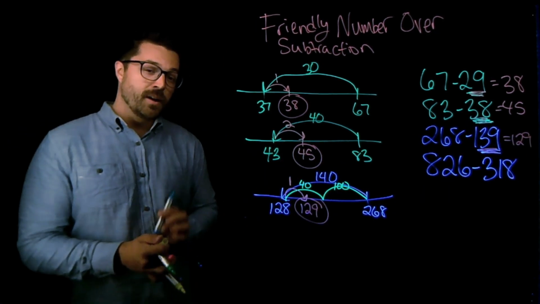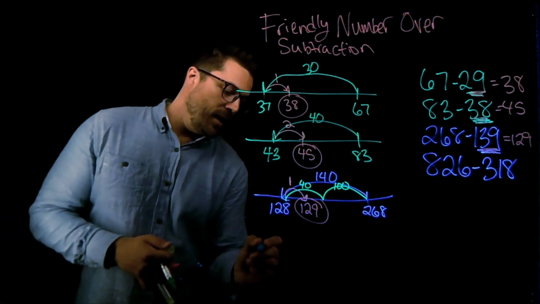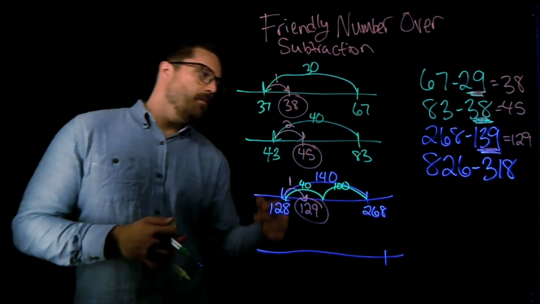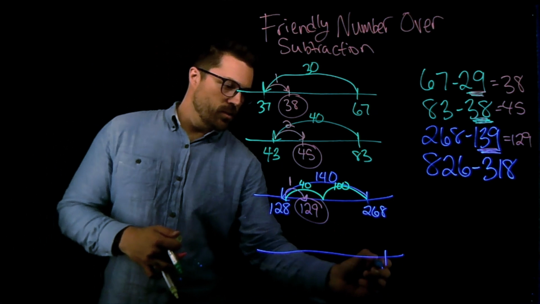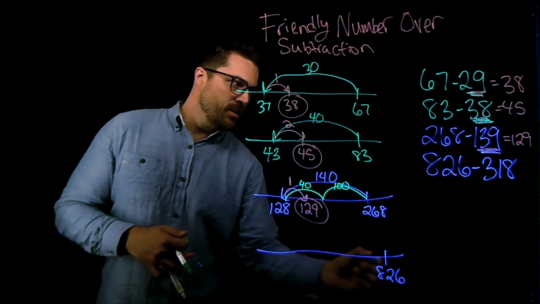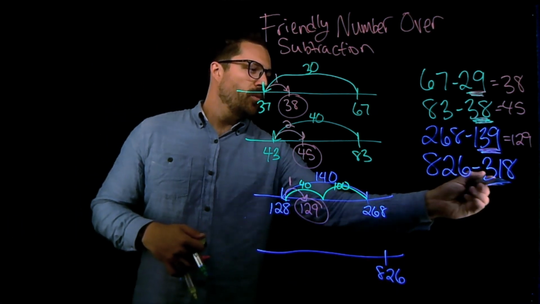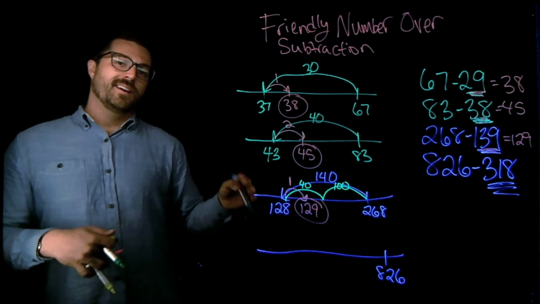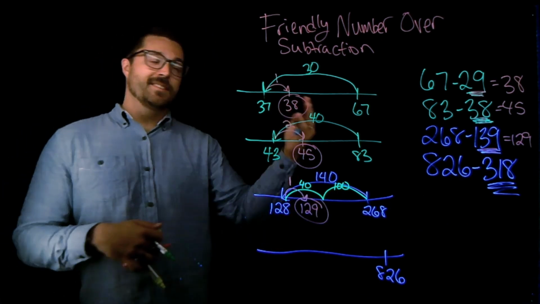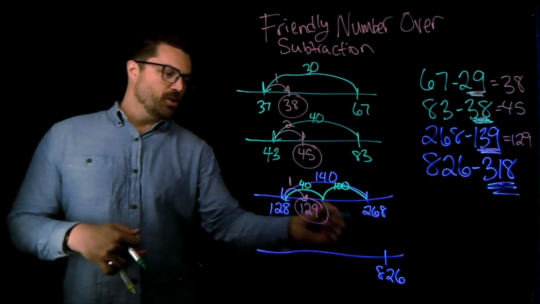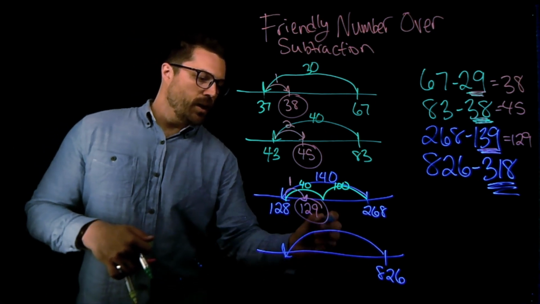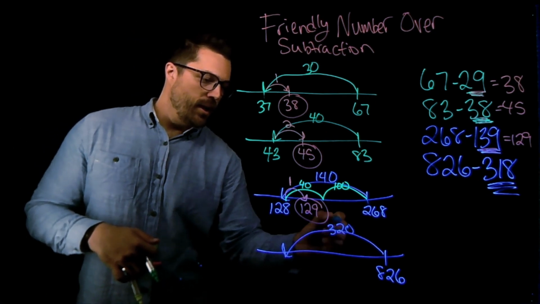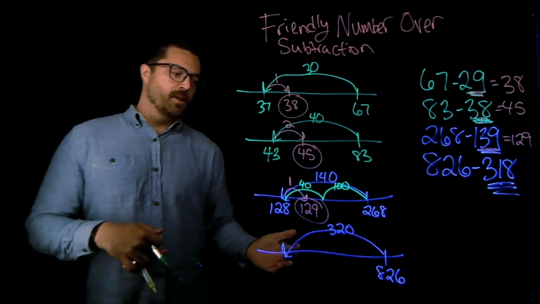For our last one, another second grade example, 826 minus 318. We start at 826, but then we look at what would be a more friendly number to take away. Again, in this case, one that's a little bit over. I'm going to take away 320, a far more friendly number to take away.